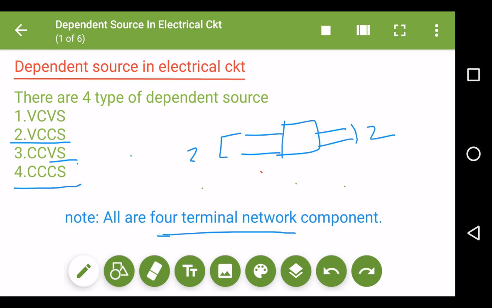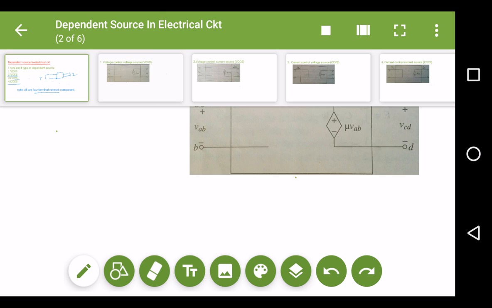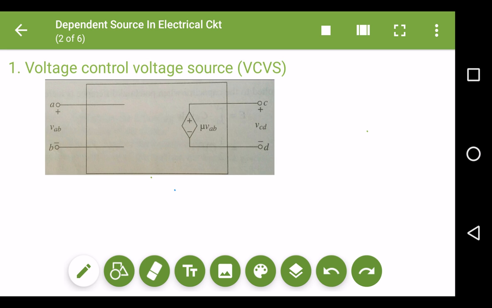Okay, so let's begin with our first, that is the voltage control voltage source. This is the circuit diagram of the voltage control voltage source. You can see here the A and B points.